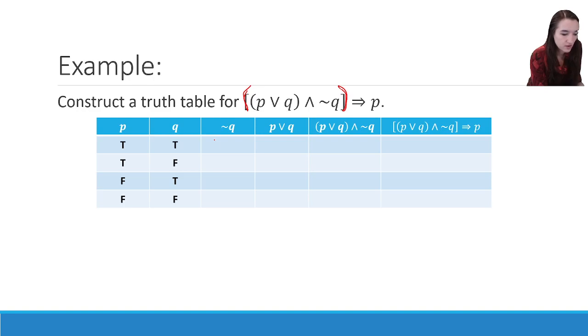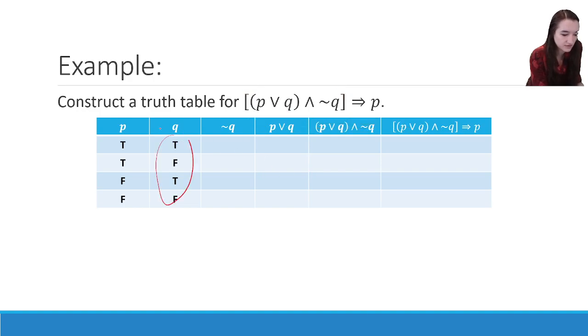So we start with the negation of Q, our only direct negation. Then we start from our parentheses outward. So P or Q, then larger parentheses, P or Q and negation of Q, then the whole if-then statement.